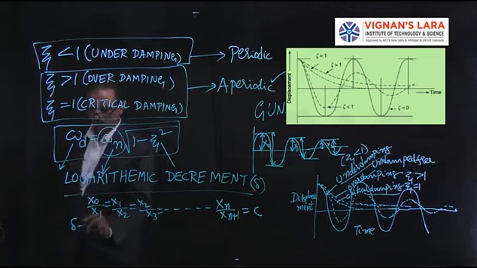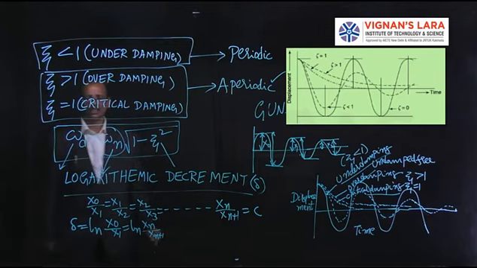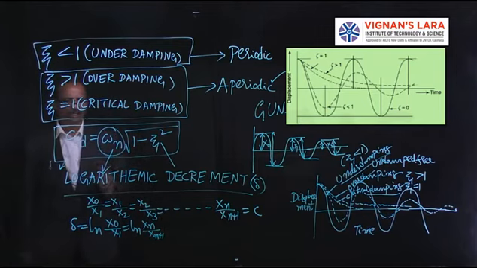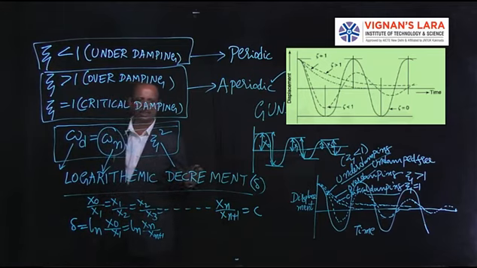Delta is defined as ln of x0 by x1, or also ln of xn by xn plus 1, because all of them are equal. You can write any one ratio and it gives the same value. So delta is equal to ln of x1 by x2, x2 by x3, and so on.